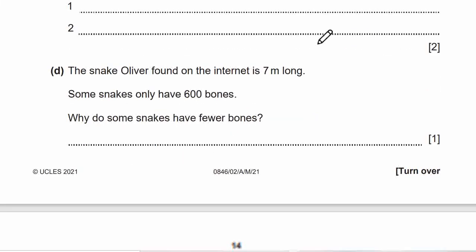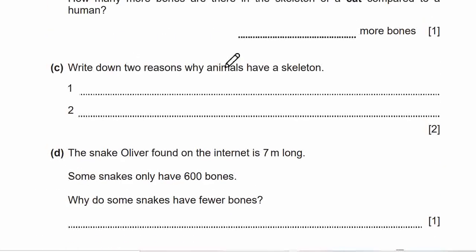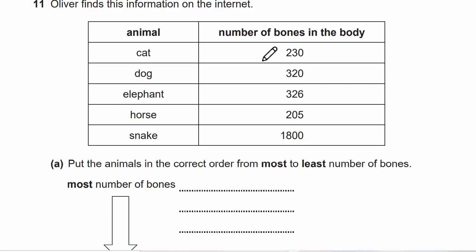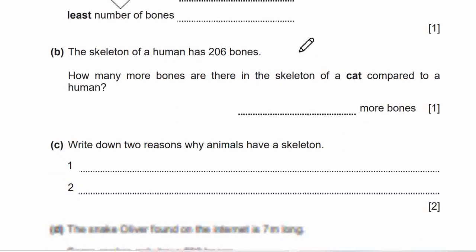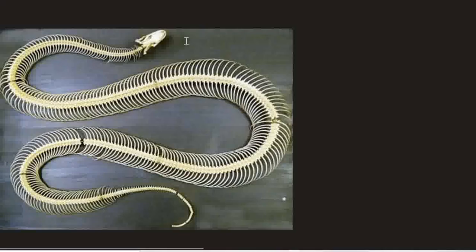Well, question D: the snake Oliver found on the internet is 7 meters long. Some snakes only have 600 bones, while this 7 meter snake has 1,800 bones. So the question is, why do some snakes have fewer bones? Well, these are pictures of bones of snakes.